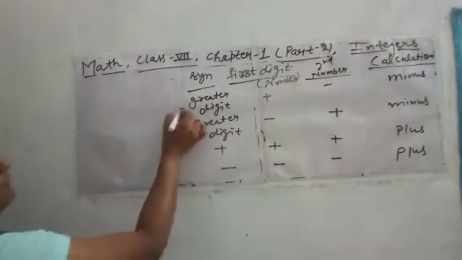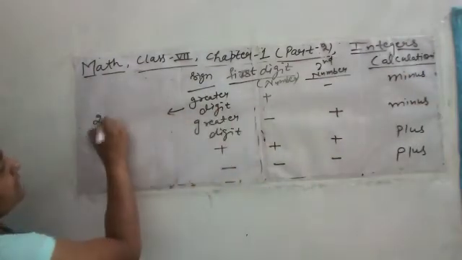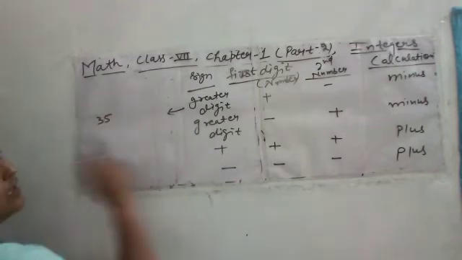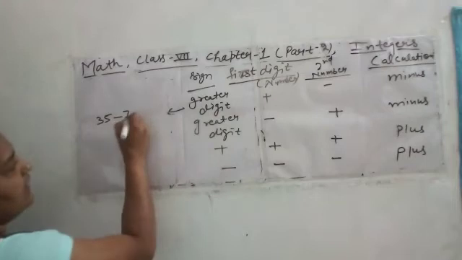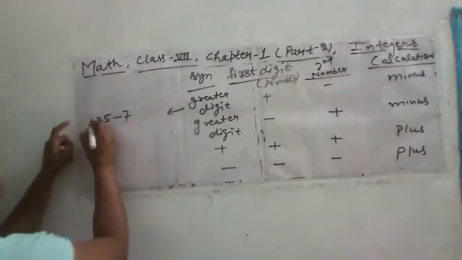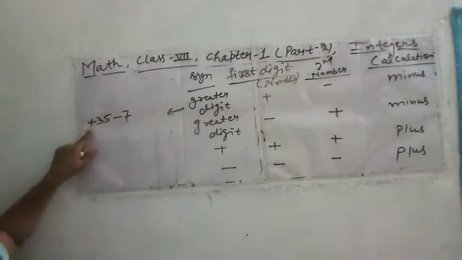I am giving you an example first. If the first number is plus, you can write 22, any number, say 35. The second number is minus. Here, for the first number, no sign is applied, which means it is plus. At first we don't apply the plus sign; it is understood to be plus.